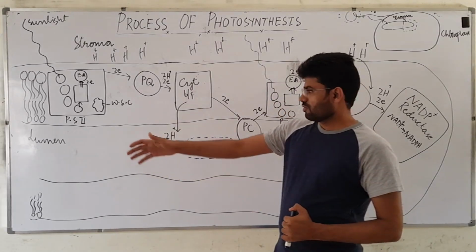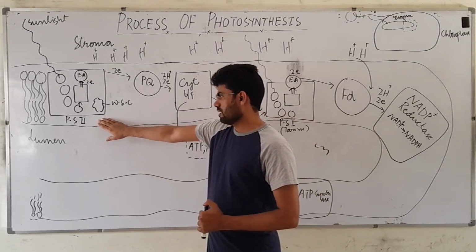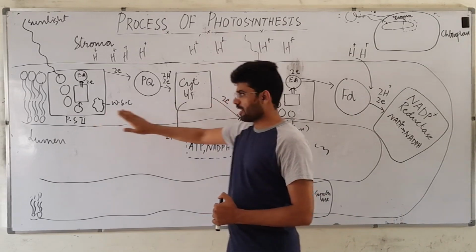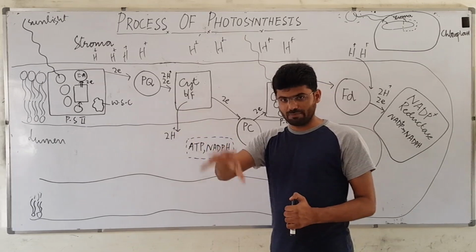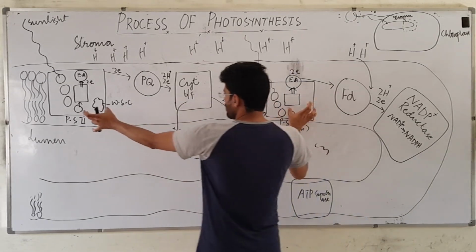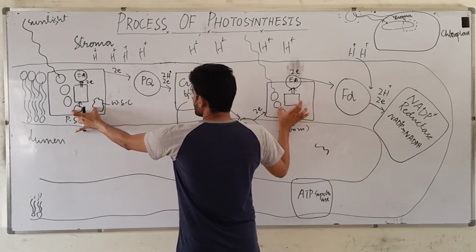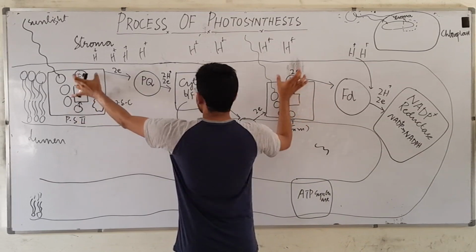We started with PS2 and PS1. They both absorb sunlight at the same time. From both of them, the two electrons are excited at the same time.